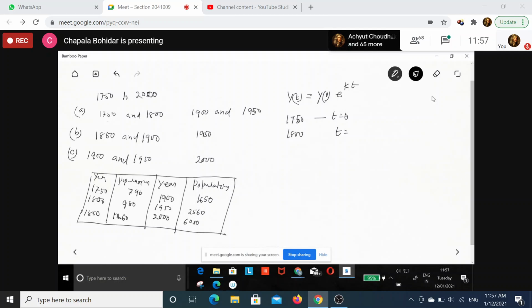If I am considering initial, starting t is equal to 0, so 1,800, t is equal to 50. 50 years. Okay.